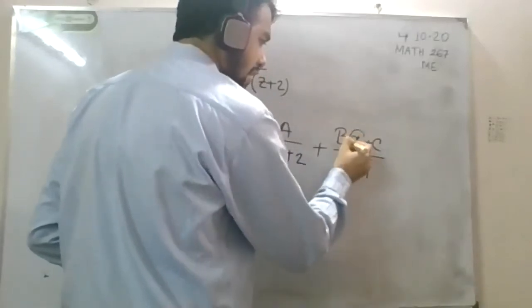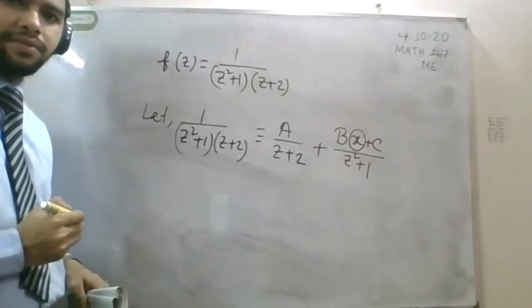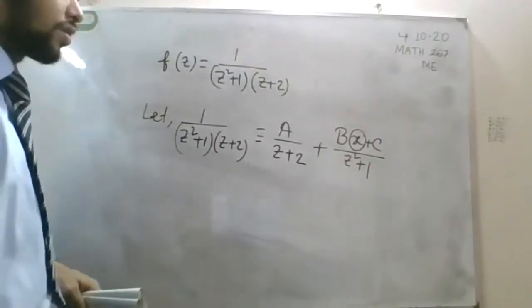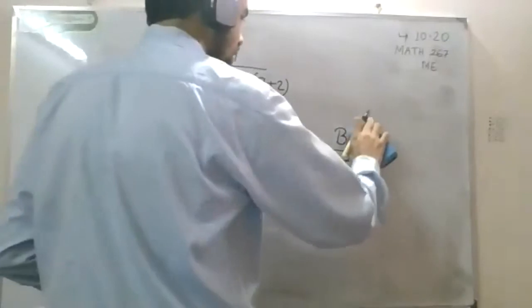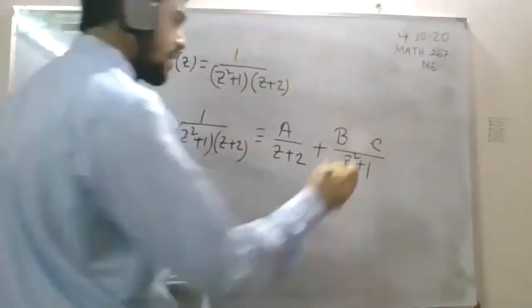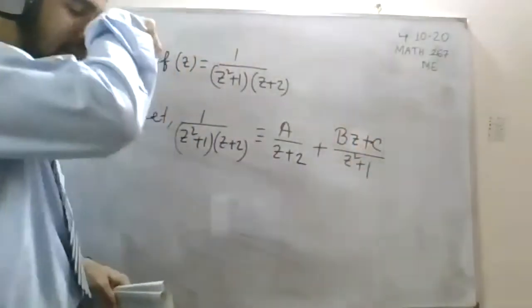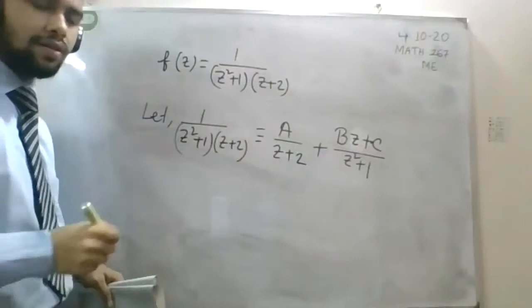But should this be x? It will be z. Yes, sir, so bz. You have to let here the variable which is z. So this is bz plus c divided by z square plus 1.